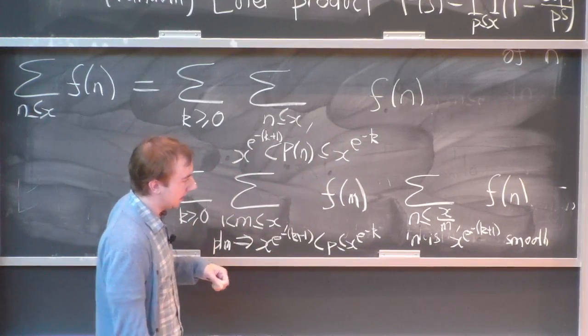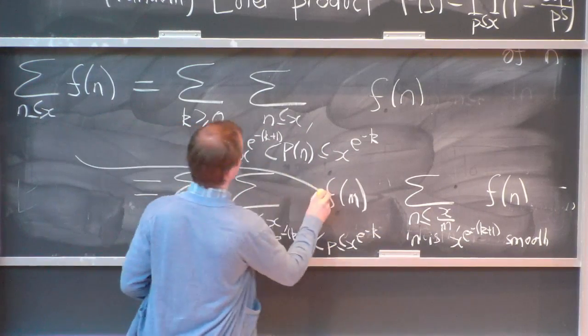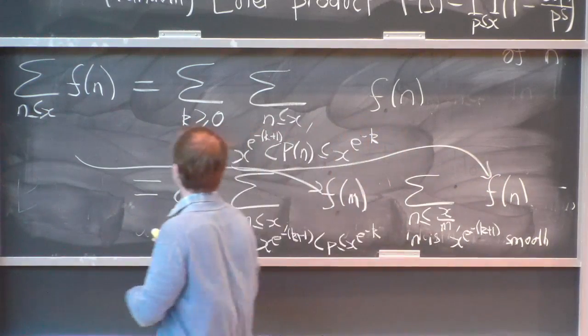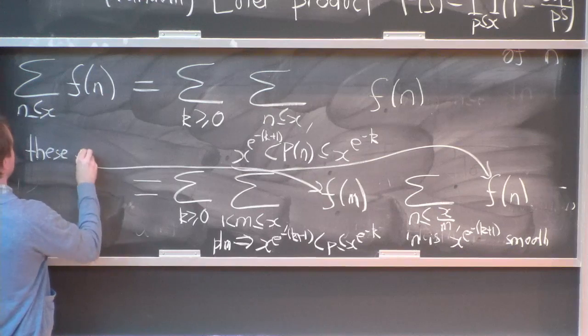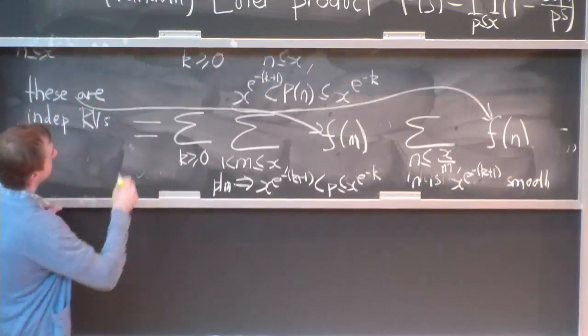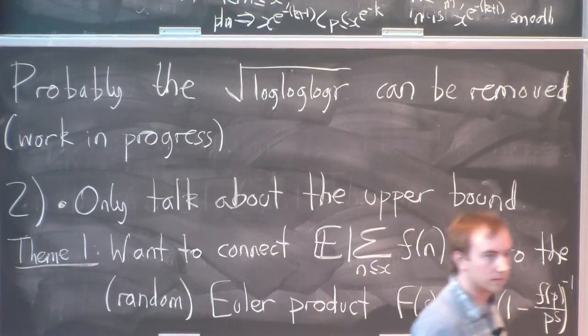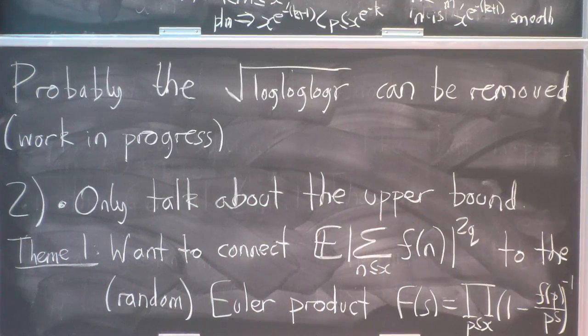And those things were chosen independently, so this is independent of this as a random variable. So we'll come back to that in a minute.